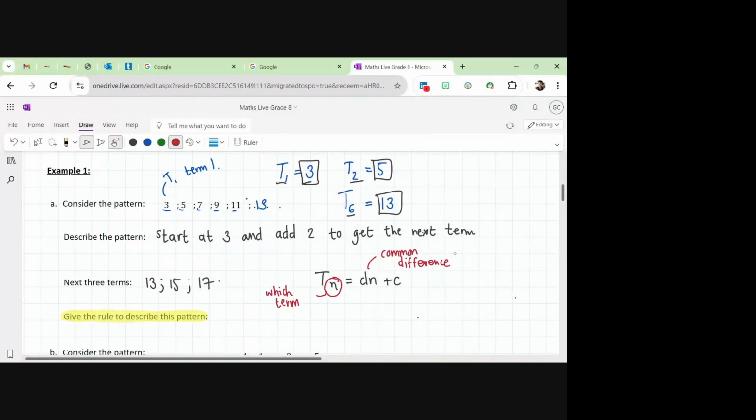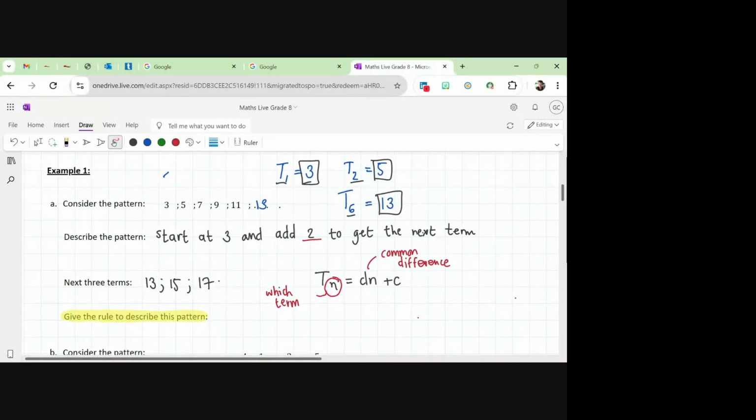When we look at the way that Emilke has explained our pattern for us, she said that we start at 3 and we add 2 to get from one to the other. But technically, in order for us to figure out what the difference is, what D is, we're actually working backwards.